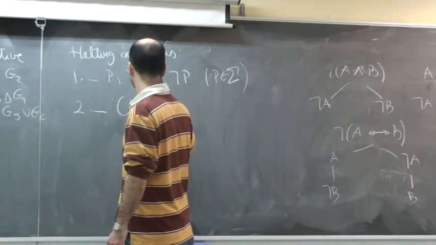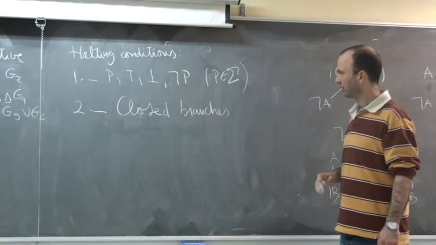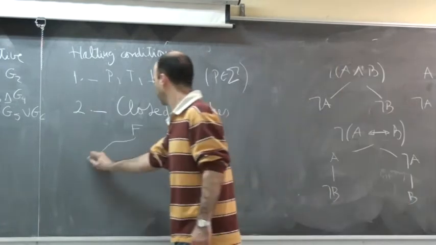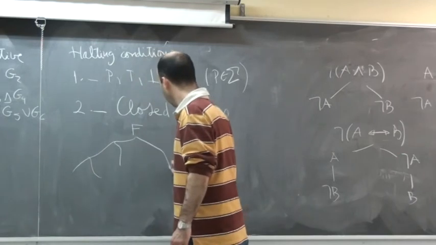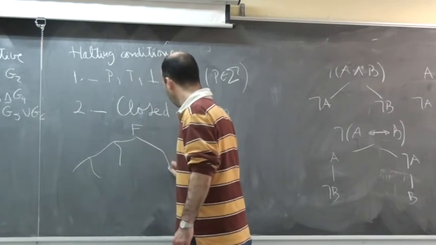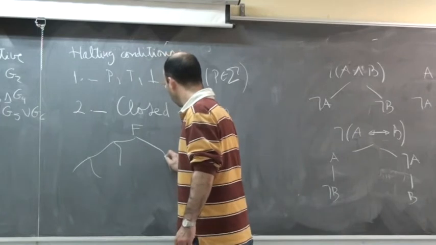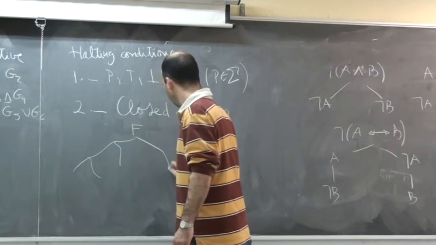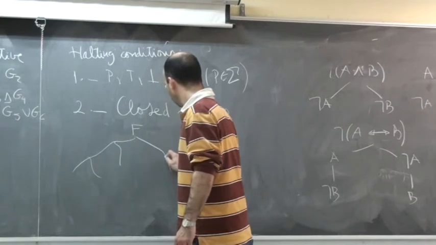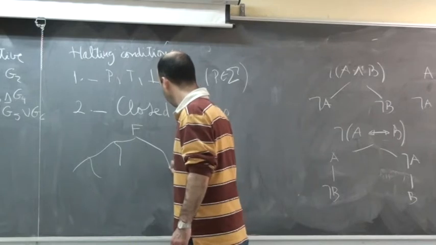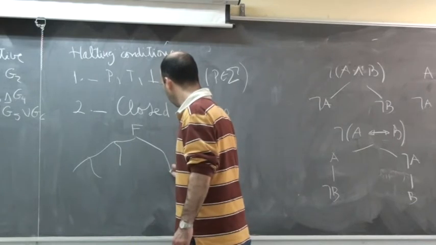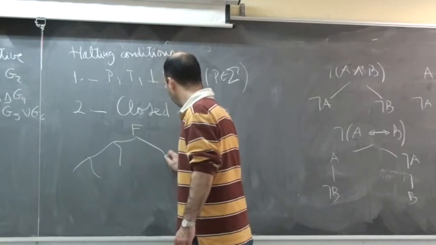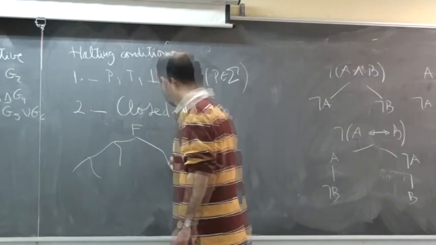And now I'm going to introduce the concept of closed branches. So here you have your formula F. You have branching. Suppose you are here and find a subformula, say G. It may not be a literal, but by the meaning of formula.